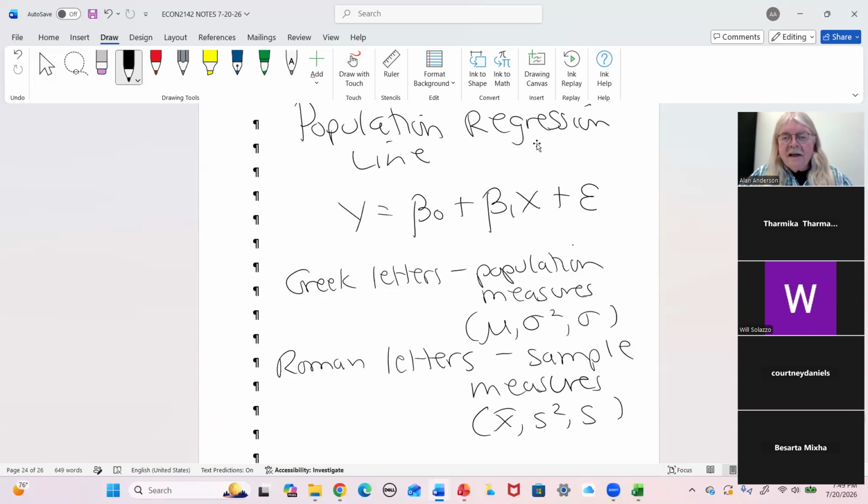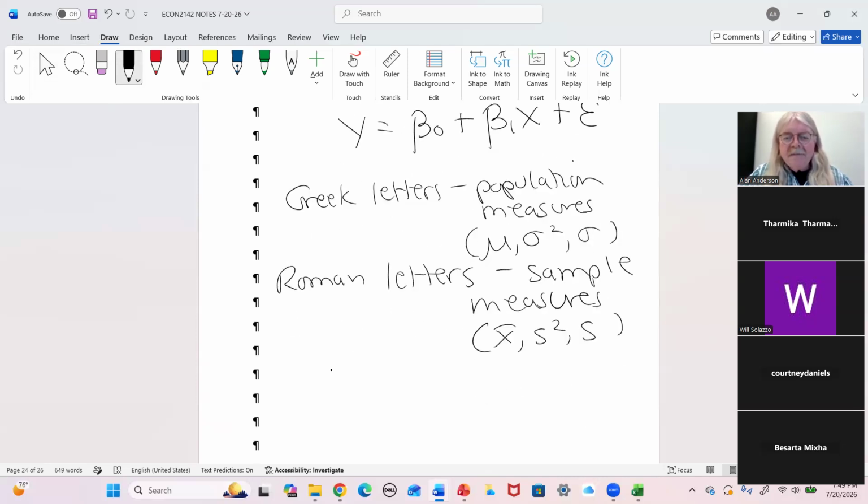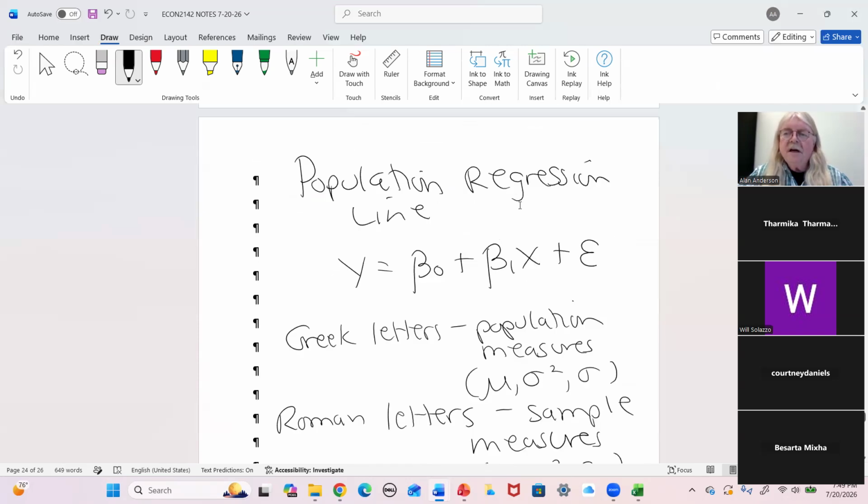So the fact that we have Greek, by the way, what is this letter here? The fancy B is the Greek letter beta. It corresponds to the B in the Roman alphabet. So that's how we know this is some kind of population line or measure because of the betas.